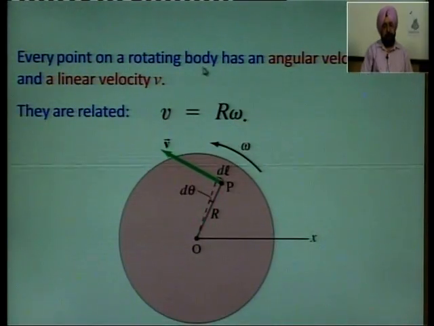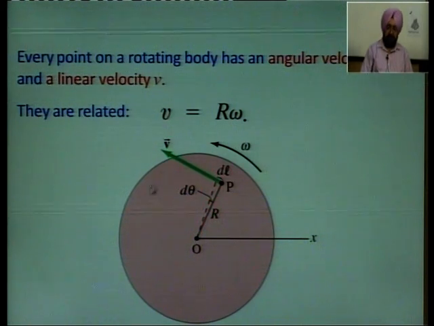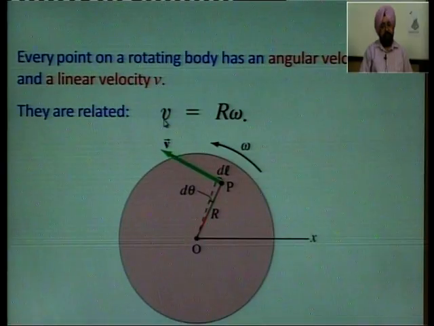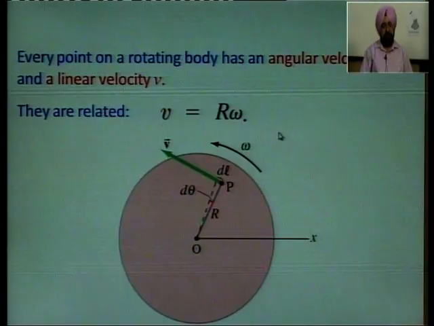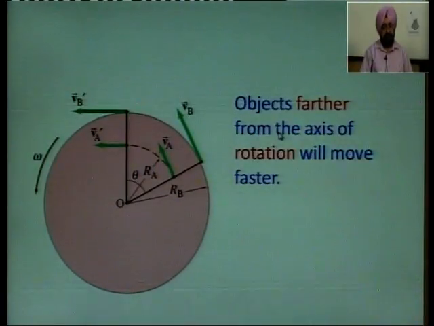Now, every point on a rotating body has an angular velocity and a linear velocity. You might have studied this in circular motion. They are related such that linear velocity is equal to radius multiplied by the angular velocity.